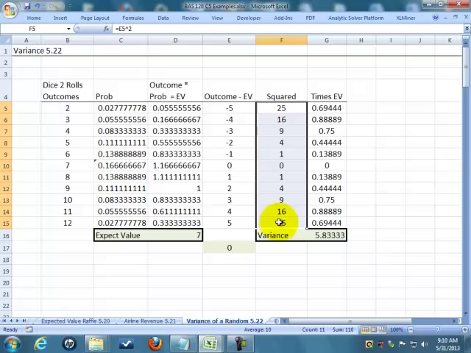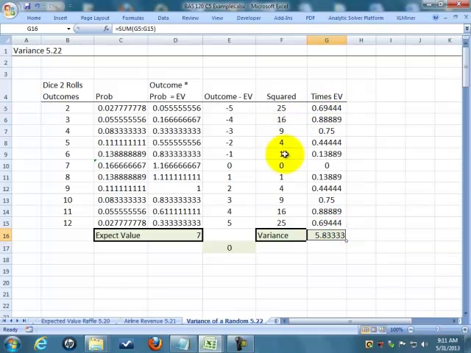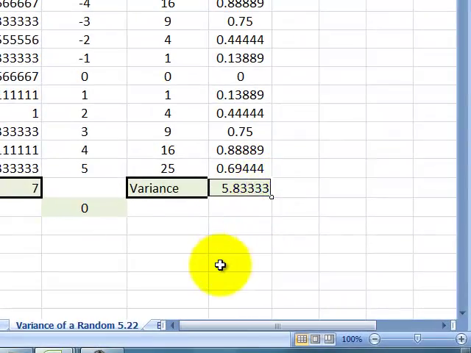Anytime I square a number, notice here, they all become positive. Over here, I take my squared value times my probability. This is the squared variance distance. It doesn't happen very often, so I multiply by the probability to take a weighted average of all my squared deviations from the expected value, add them all up, and I get a variance.